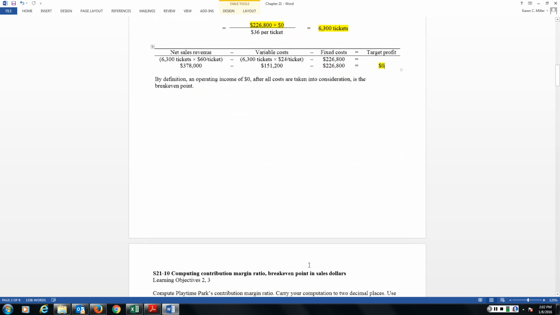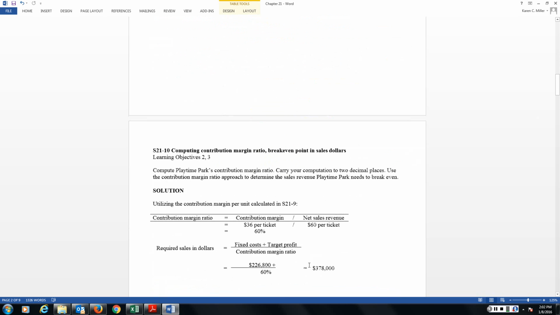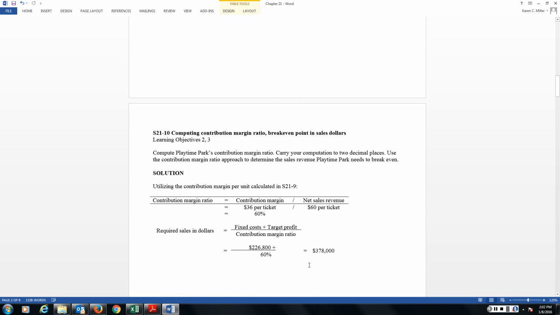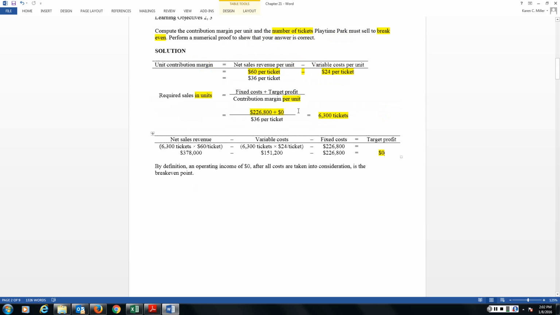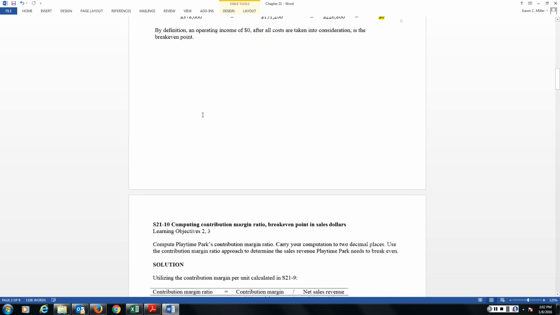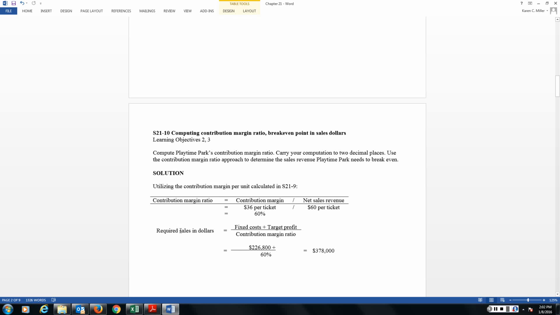If we take this one step further, can we calculate break even using the contribution margin ratio? Certainly. If we want to calculate break even in sales dollars, how many sales dollars do I need to break even? Then I need the contribution margin ratio. Here we divided by contribution margin per unit to determine the number of units that I need to break even. But if I want to calculate break even in sales dollars, then I'm going to divide by contribution margin ratio.